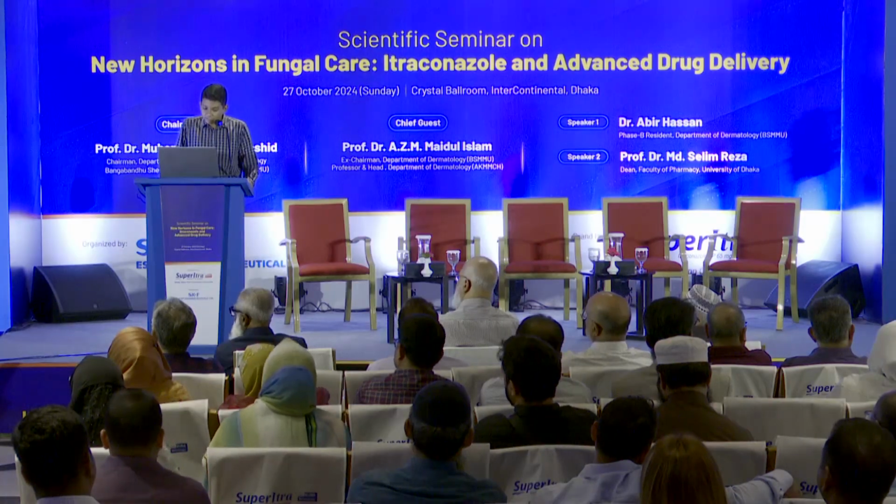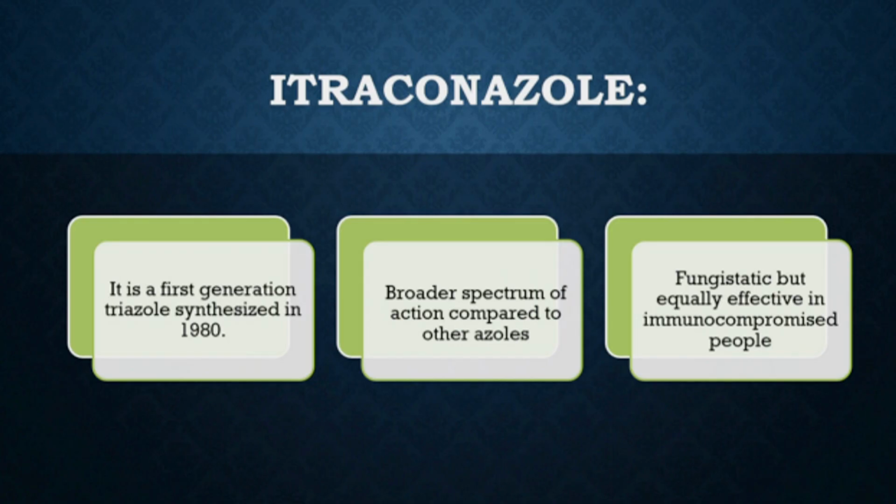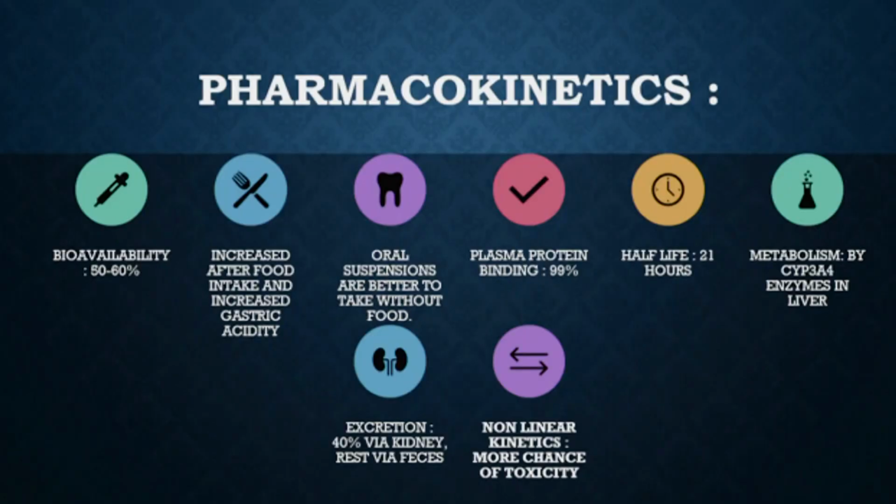Now, regarding itraconazole, it is a first generation triazole which was synthesized in 1980. It has a broader spectrum of action compared to other azoles. It is fungistatic, but it is equally effective in immunocompromised and immunocompetent people. It has a bioavailability of about 50 to 60%, which is widely variable from person to person.